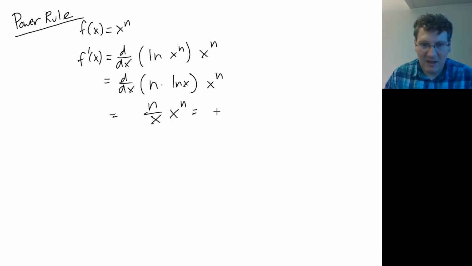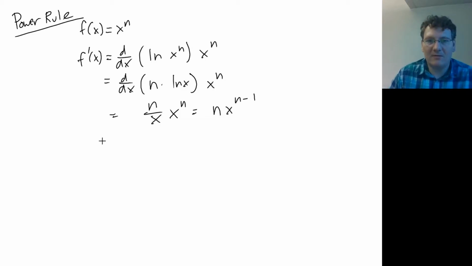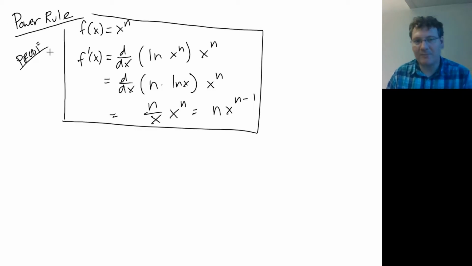This is going to be n times x to the n minus 1. So this is how you can prove the power rule for any exponent n. It doesn't have to be a positive constant. Using logarithmic differentiation, you can get this for all n. I mean, we already have been using it, but this is the proof, and it's not too bad.